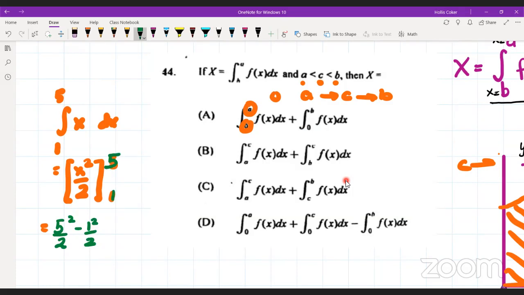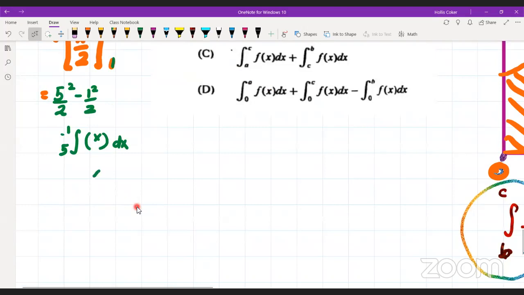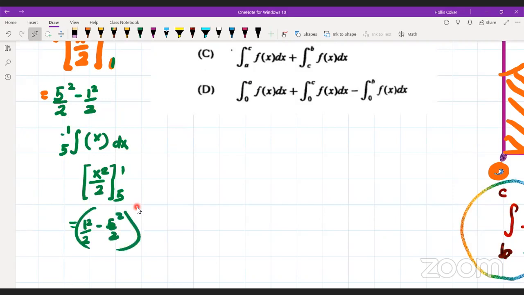If they wrote it this way, integral from 5 to 1 of x dx, that would have been x squared on 2, with limits 1 up here and 5 here, and that will give you 1 squared on 2 minus 5 squared on 2, which is the negative of this here.